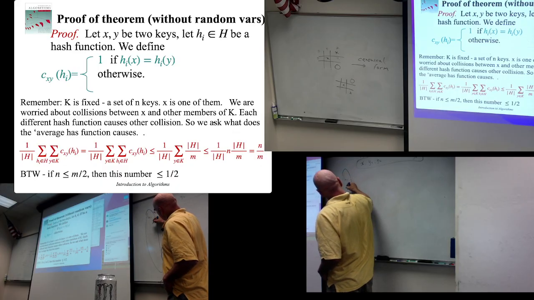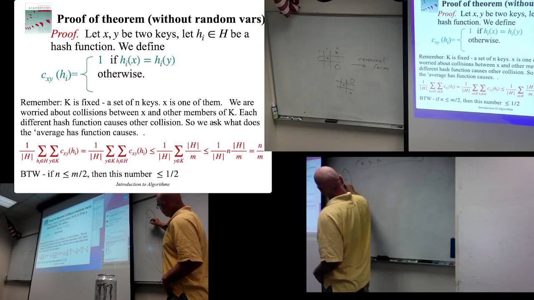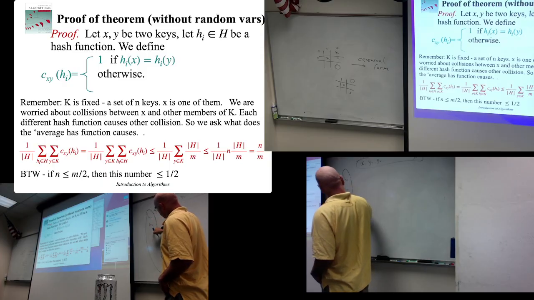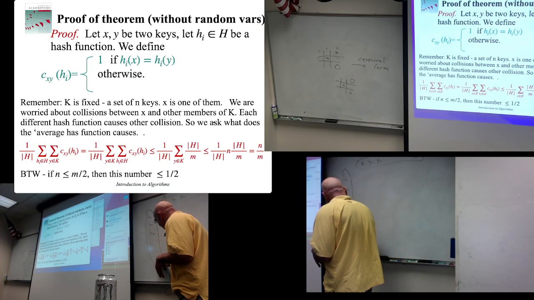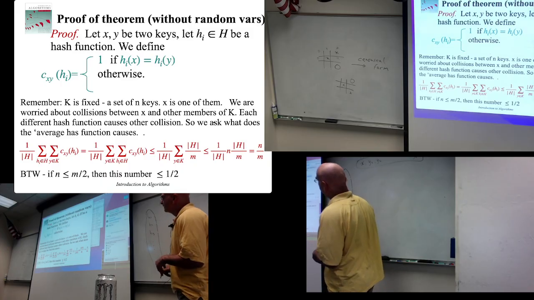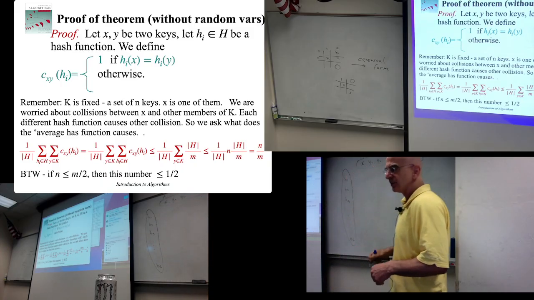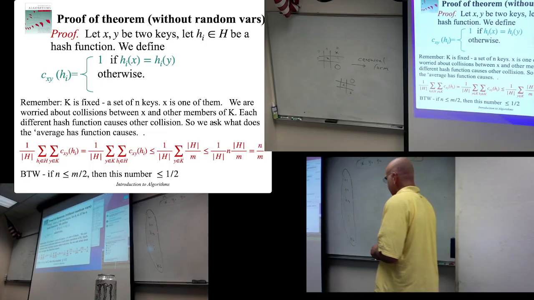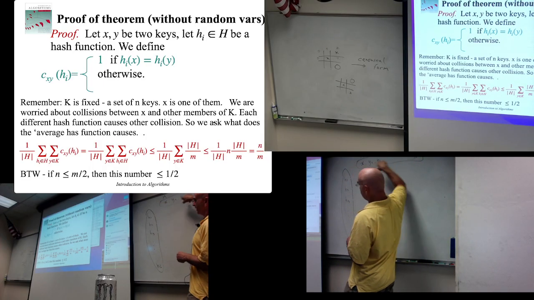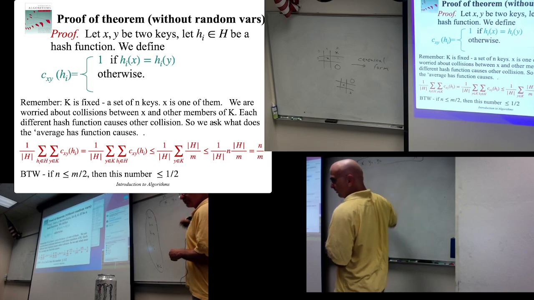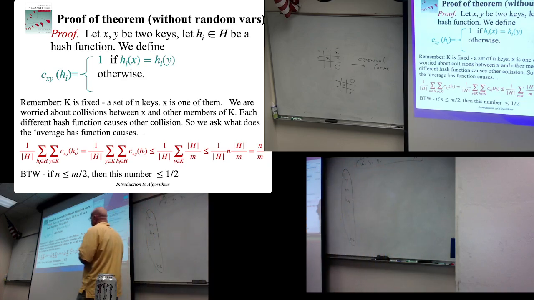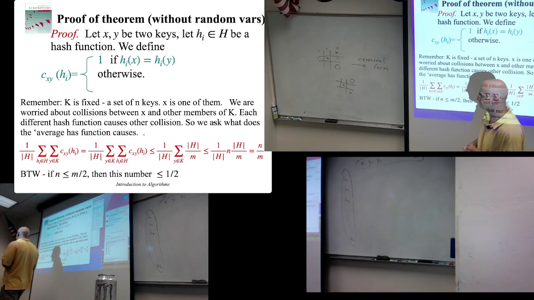Here is h1 that I'm trying to apply to all the students. h2, trying to apply to all the students. h3, all the way up to hL. L is the size of the family. And for each one, I apply h1 on each one of the keys and ask, hey, x, do you collide with any of the other keys or not?